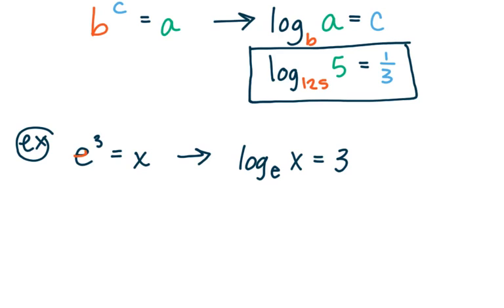So my base was e, my c value was 3, moved to the other side of the equal sign, and then x represented by a. Now, when we have log base e, we prefer to write ln. So log base e is ln, so I'd rewrite this as ln x equals 3.